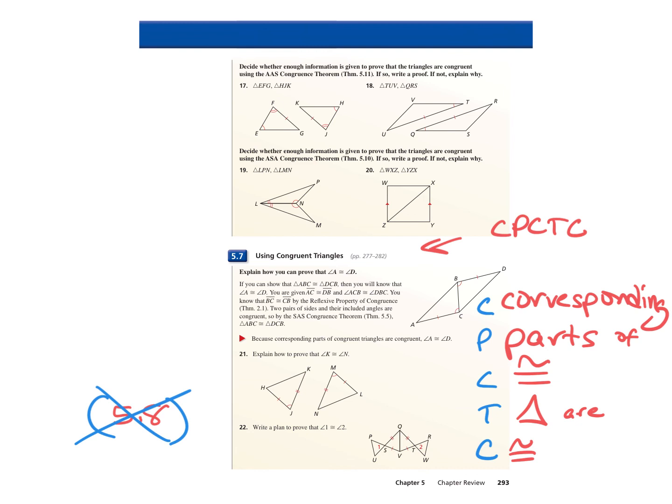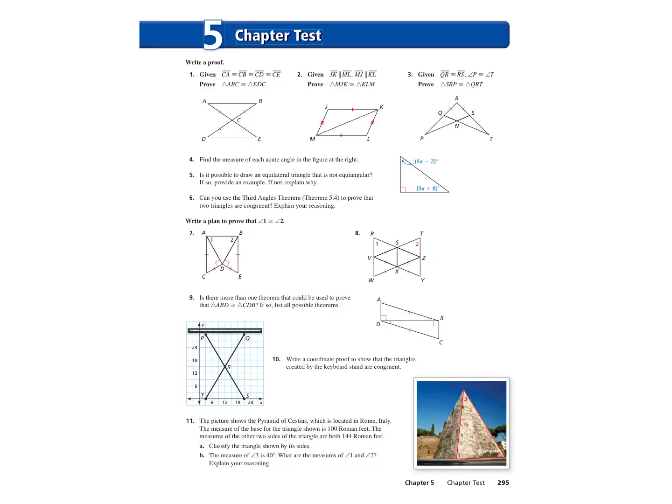Remember, I told you to skip anything that had 5.8. This other review is listed in the assignment as extra review. Here, you don't need to worry about questions 9, 10, and 11. You can skip those if you're looking for more practice problems.